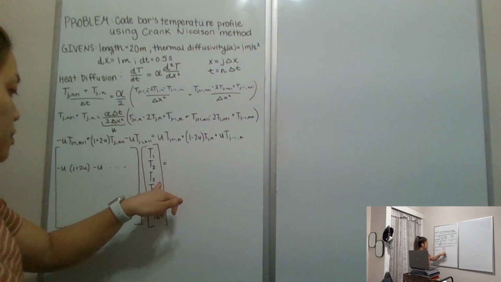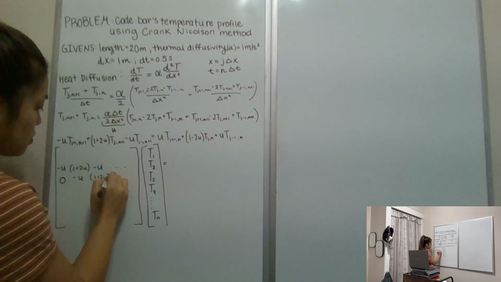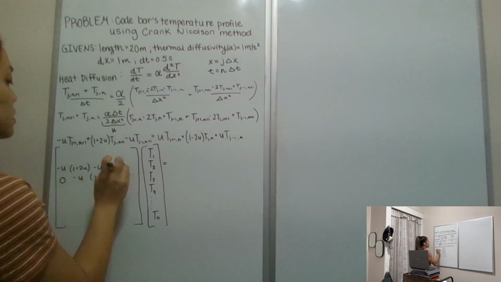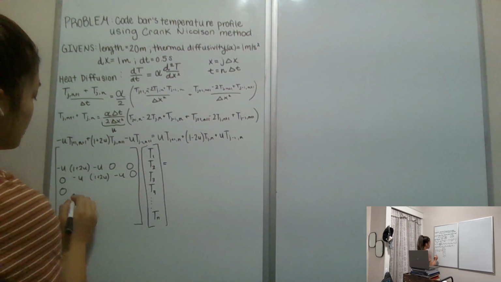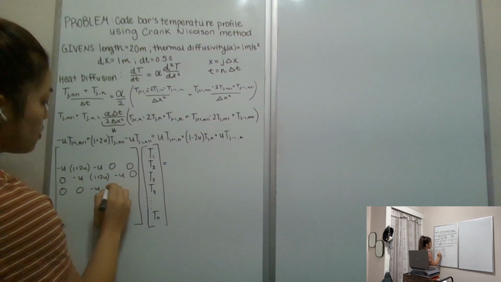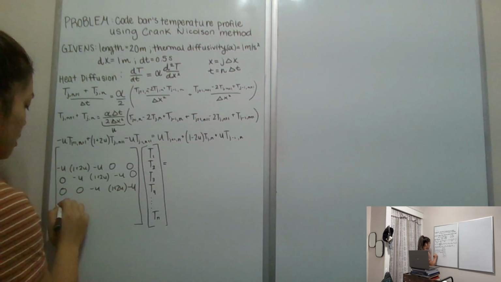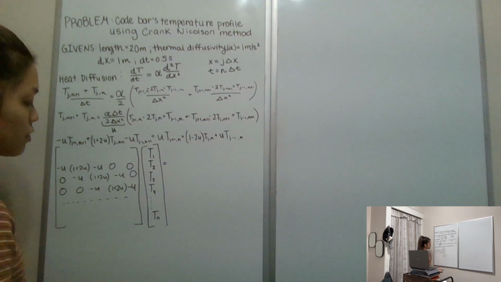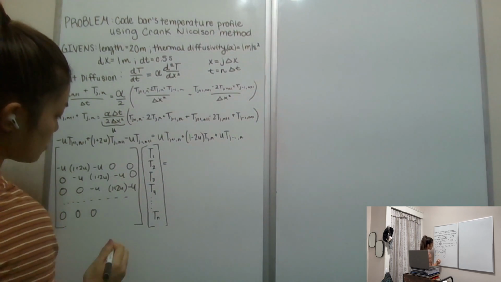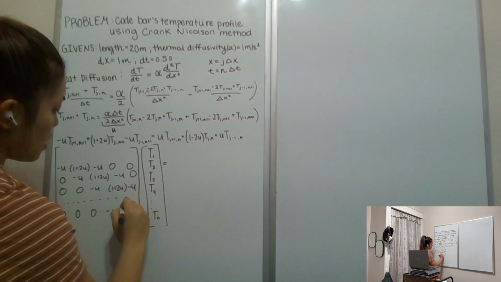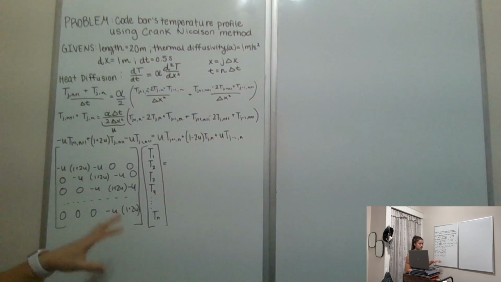And then for the third temperature, we would have a 0 here, and then we would have negative u, 1 plus 2u, negative u. These would just be zeros. And then for the fourth one, we would have 2 zeros, negative u, 1 plus 2u, and then negative u. And then the same for all the temperatures in between. And then finally, for the last one, we'll have negative u, and then 1 plus 2u.